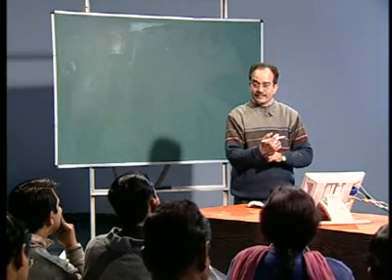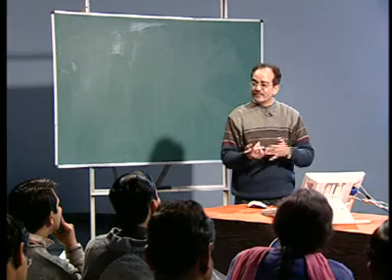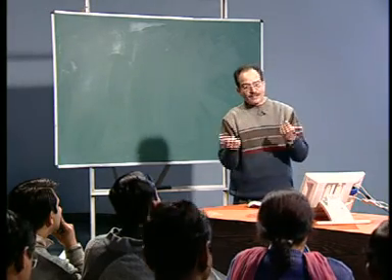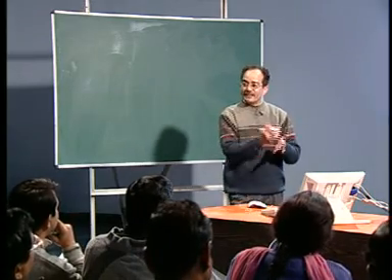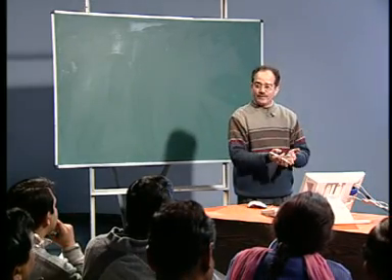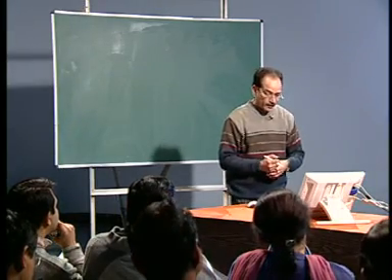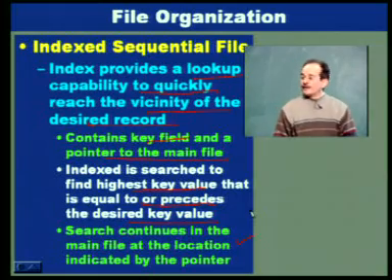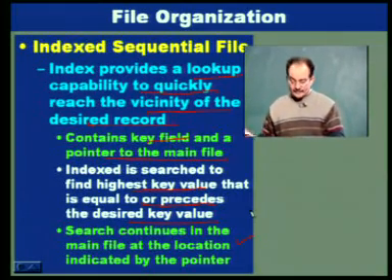Just like your binary search, where you say this particular number is not there. How do you find out? You just compare with the two numbers. In case it is available there, fine, otherwise my number does not exist. And the search continues in the main file at the location indicated by the pointer. Whatever pointer is there, my search continues up to that.